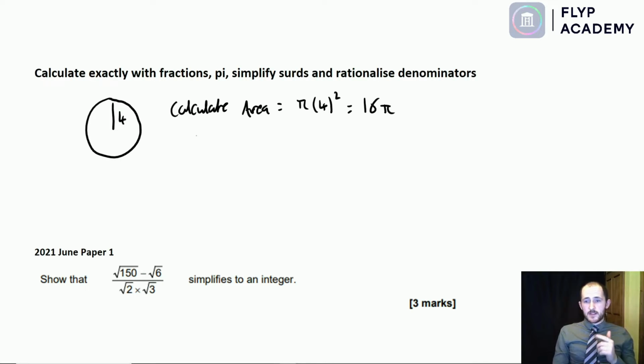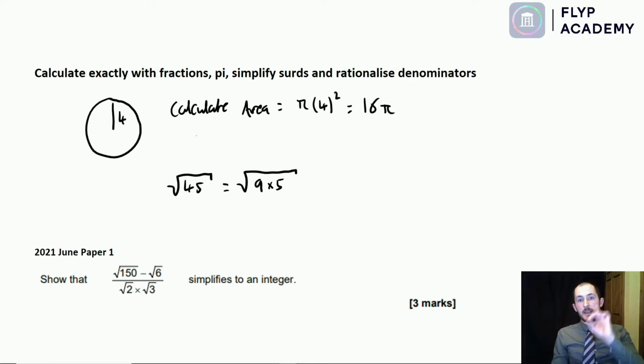Simplifying surds, well, I have an example question, but you should also be able to recognize that, for example, with the square root of 45, you can write that in terms of 2 separate numbers. So 45 is the same as doing 9 times 5. And you need to pick a square number, a number that can be square rooted. That's the same as doing root 9 times root 5. Square root of 9 is 3.